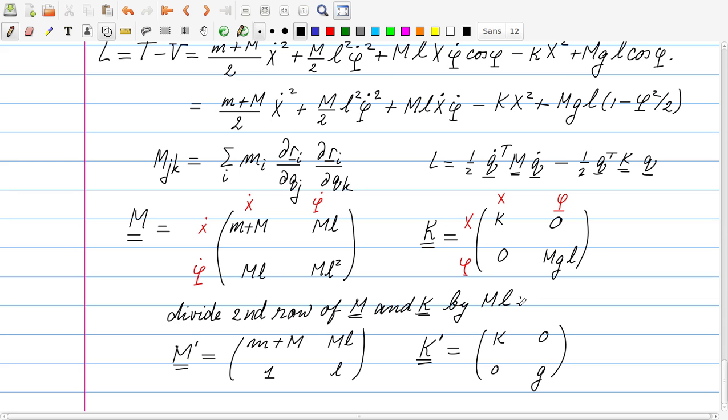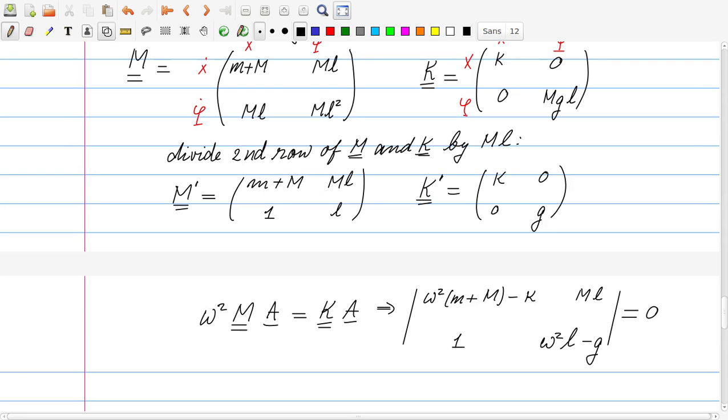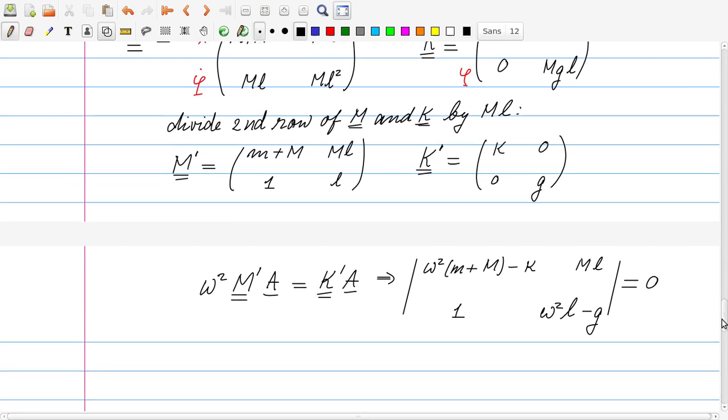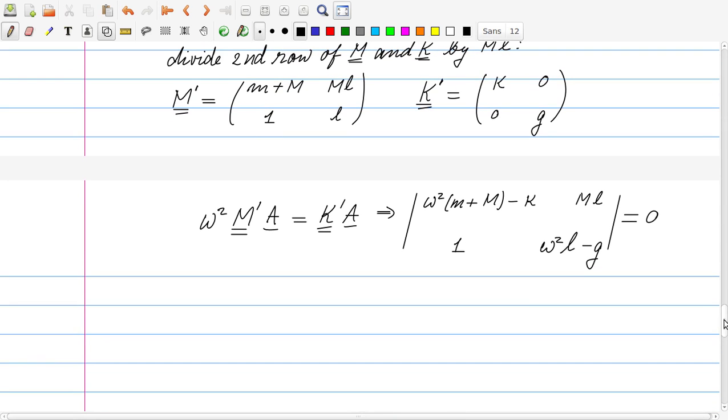The analysis then of the previous movie tells you how you find the normal mode frequencies. We therefore need to solve the following generalized eigenvalue problem, and if I write out the matrices, using the form of M and K that we have just obtained, and in fact I use here the primed versions because they are somewhat simpler, I find that this determinant should be 0, and that gives me a second order equation in terms of omega squared, which I can solve right away.